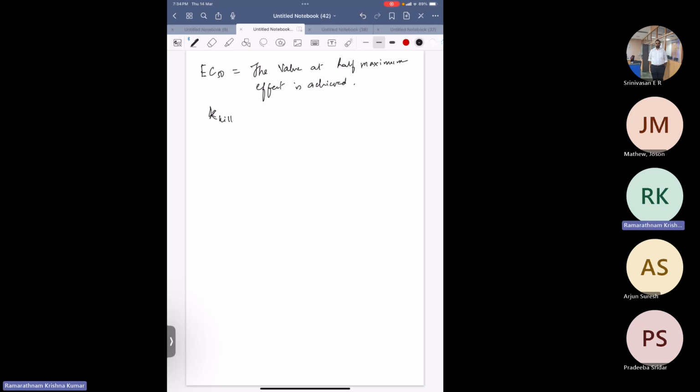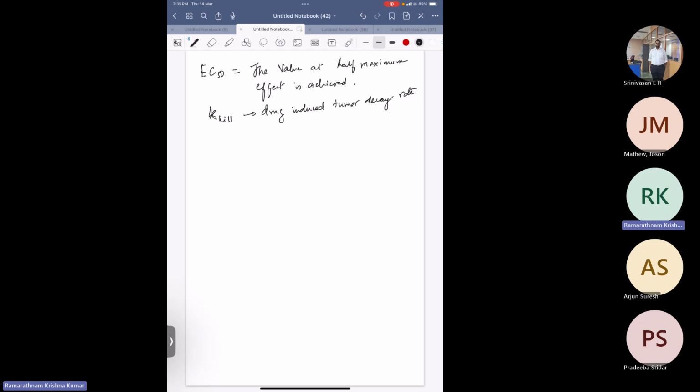It's called K kill. How much I'm going to kill the tumor, which is called drug-induced tumor decay. There have been papers on this, and this is very important, the rate, obviously. So this is what many drug companies are interested in. What is K kill?